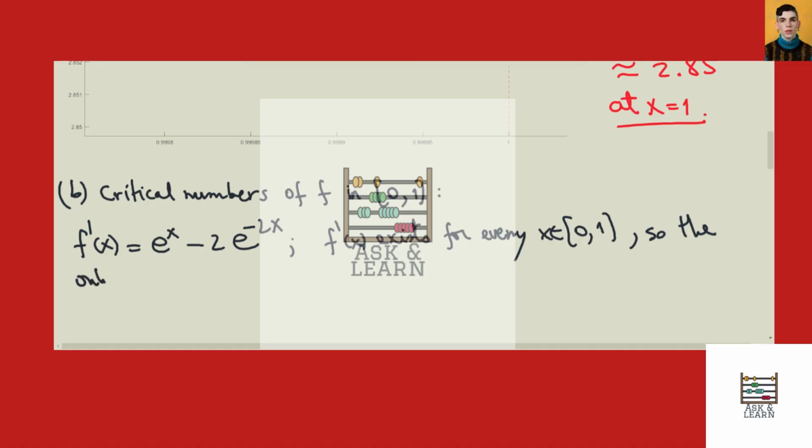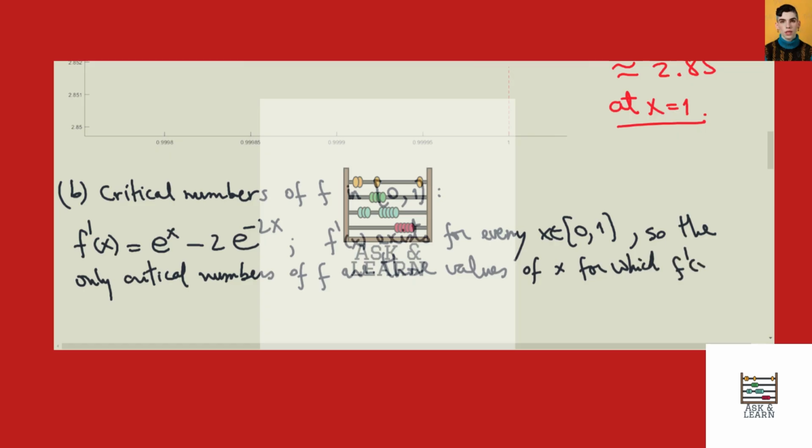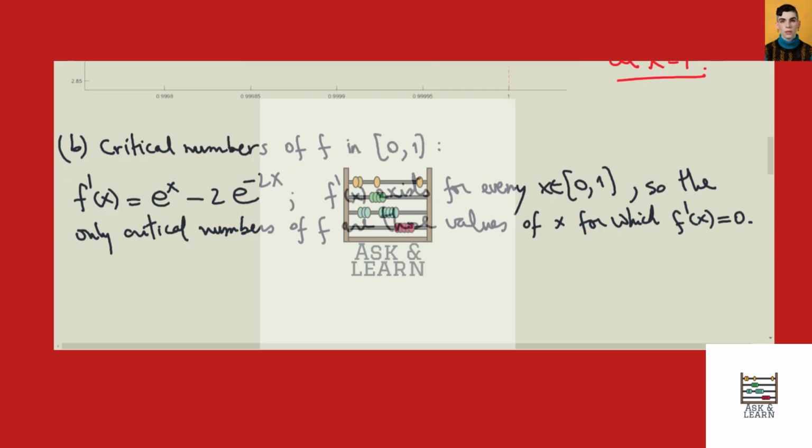So the only critical numbers of f are those values of x for which the derivative is 0. So we have to solve this equation here. Derivative of f equals 0.